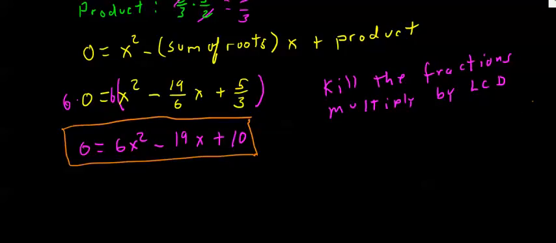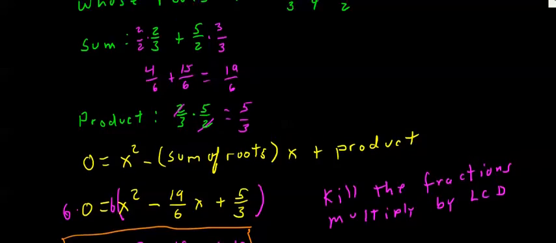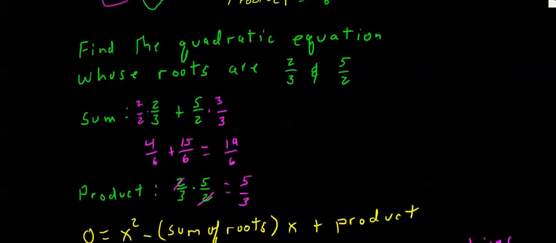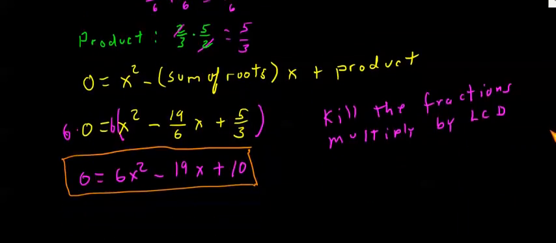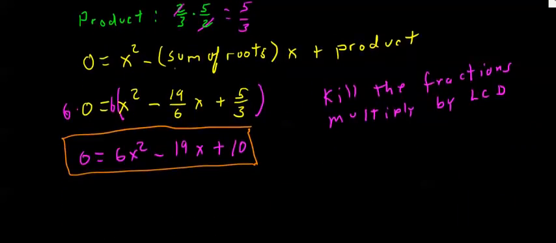I'm going to do one more example just to make sure we understand what we're doing. But to go over, we set it up just like we did yesterday. The only difference being it's a little more complicated adding and multiplying. All right? We added together, had to get a common denominator, multiplied, and then our equation was x squared minus the sum times x plus the product.